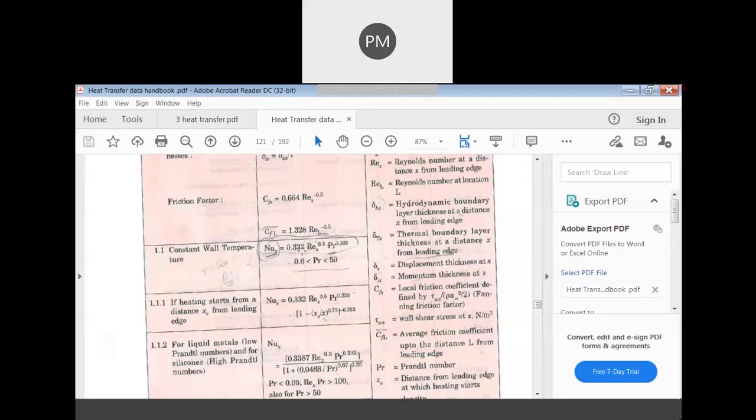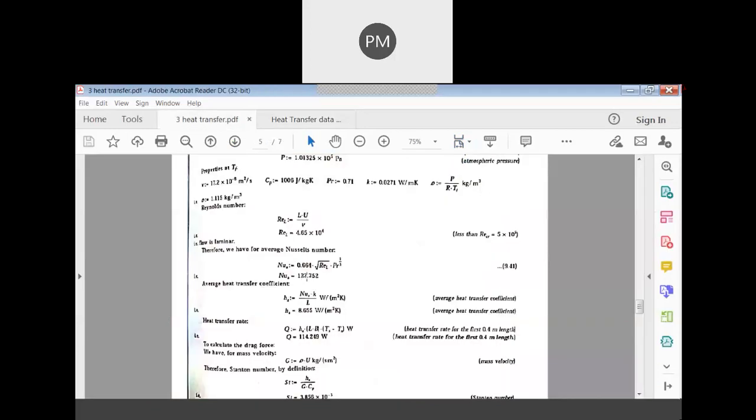So here 0.332 is there. When you multiply by 2, this will become 0.664. So in the problem, they have taken directly this average Nusselt number by multiplying with 2. Okay, Reynolds number to the power of 0.5 only, because square root of Reynolds number is Reynolds number to the power of half.